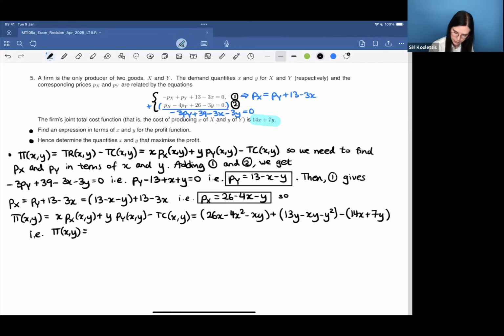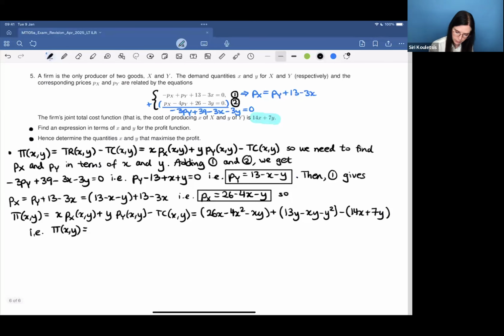So I'll start with the x's. 26x minus 14x is 12x. Then we have minus 4x squared. There aren't any other terms involving x squared. Then we have minus xy minus xy. Then in terms of y, we have 13y minus 7y.